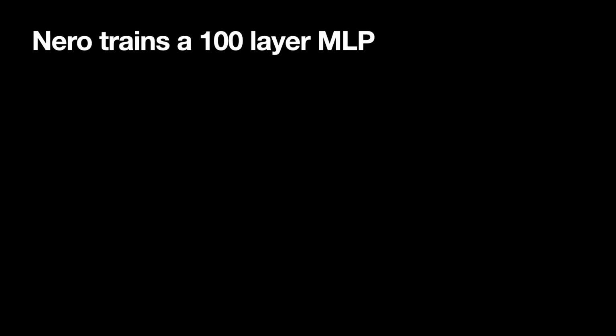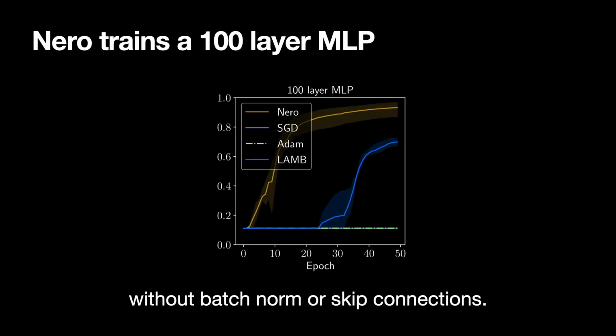We first tested Nero's ability to train very deep neural networks without batch normalization or skip connections. Nero could successfully train a 100-layer MLP on MNIST.